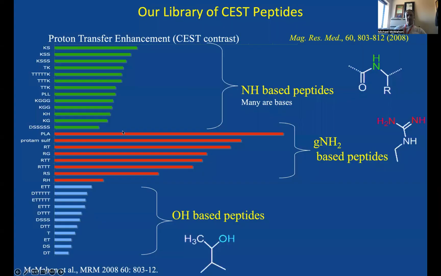And so we looked at a series of 12 amino acid peptides, and we came up with a list of 30, which would have very nice CEST contrast, particularly strong contrast in the case of the arginine-rich and lysine-rich peptides, with the signal amounts here, and then also the frequencies color-coded.